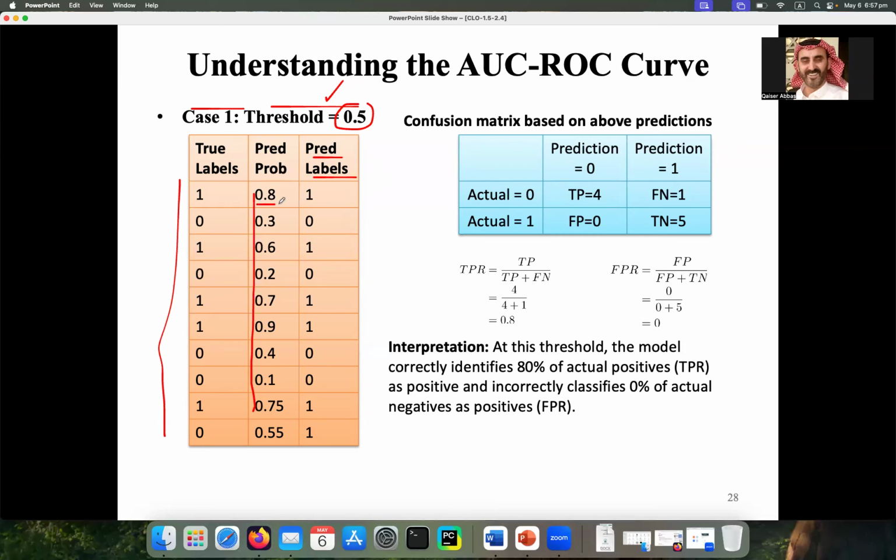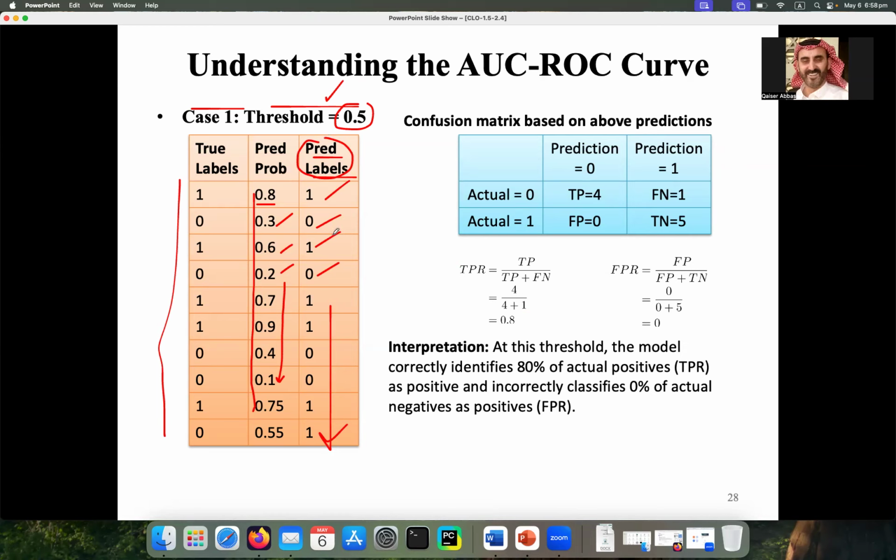So this is 0.1, so the class is 1. This is 0.3, class is 0. This is 0.6, class is 1. This is 0.2, class is 0. By looking at these values, you can identify the labels. These are the prediction labels. You can assume that your model is doing this, but you are doing the manual calculation yourself, while actually your model will do it.